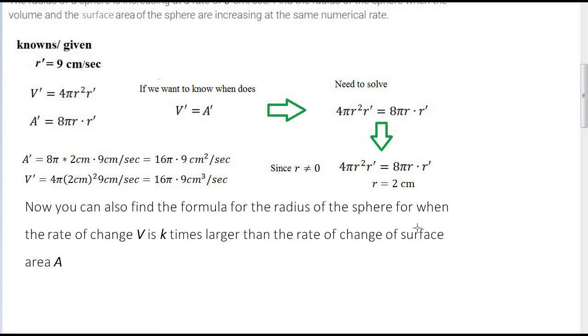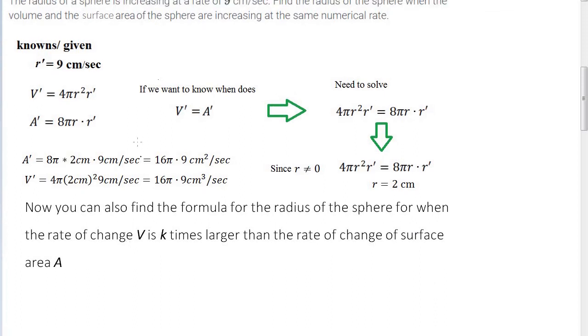Or perhaps we want to know at what radius volume changes exactly 5 or maybe even 9 times faster than the rate of change of the surface area of a sphere, right? Well, good news is we already have the vast majority of work done for ourselves. We then just have to set v prime equal to k, some coefficient of proportionality, times a prime, something like this. And then from there follow our nose.